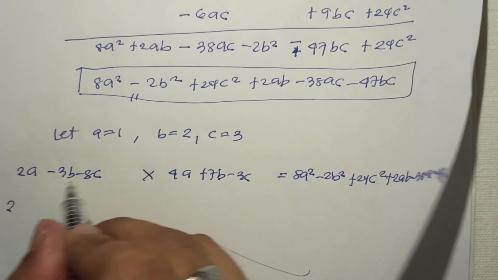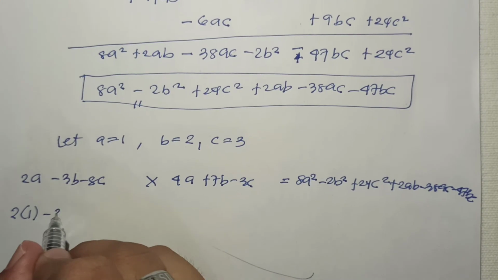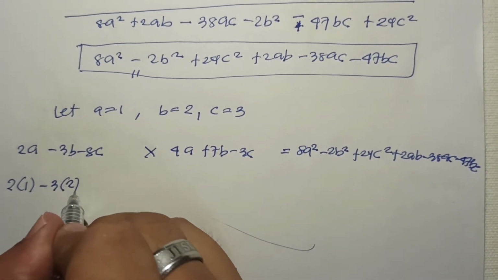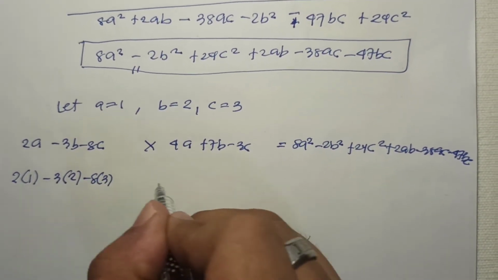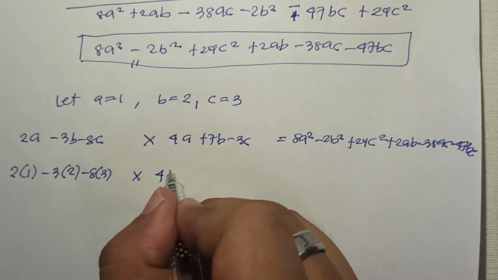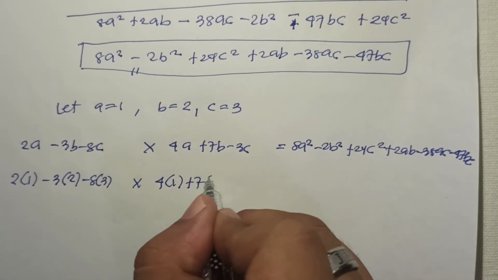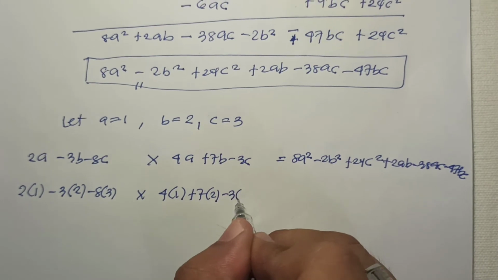So 2 times 1 minus 3 times 2 minus 8 times 3. So multiply it by 4 times 1 plus 7 times 2 minus 3 times 3.